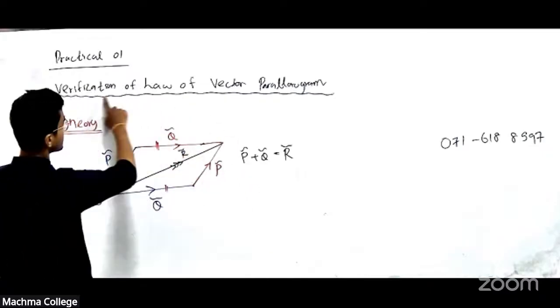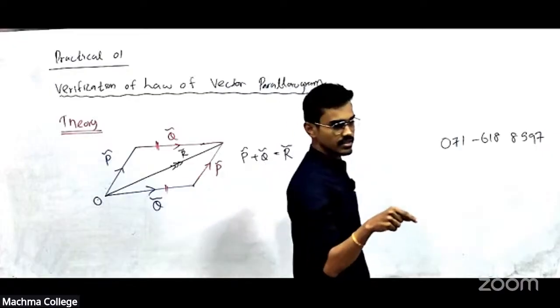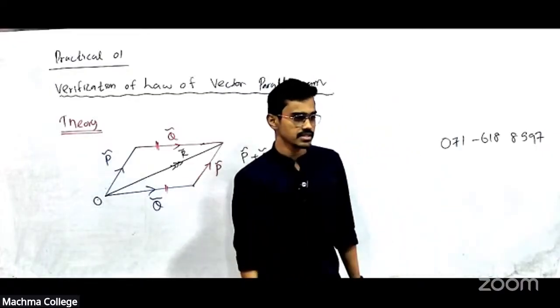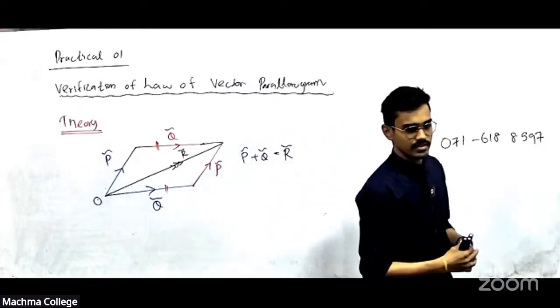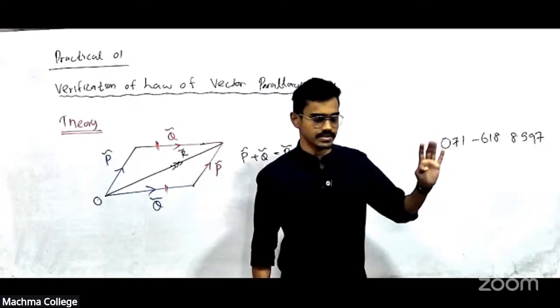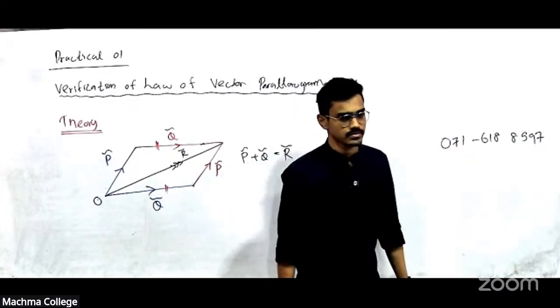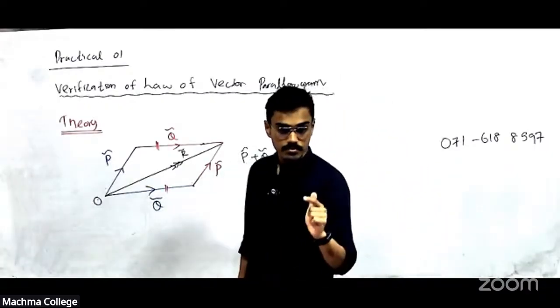Now, verification is only for the addition. The reason is this. If it works for addition, subtraction is a negative addition. Definitely it works for a negative addition. Now, in real maths, we don't have four mathematical functions. Only two: addition and multiplication.